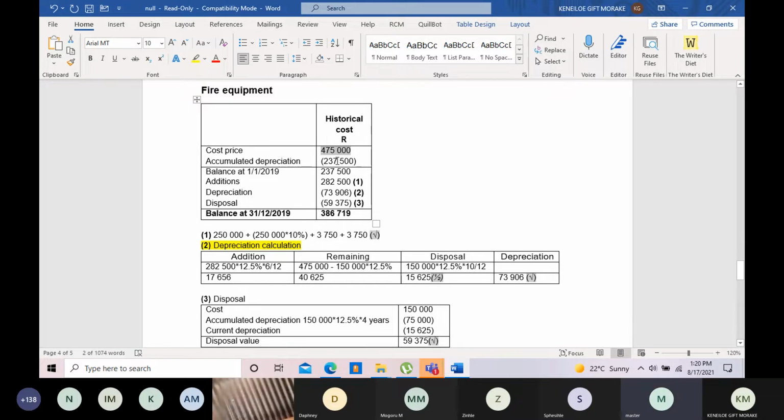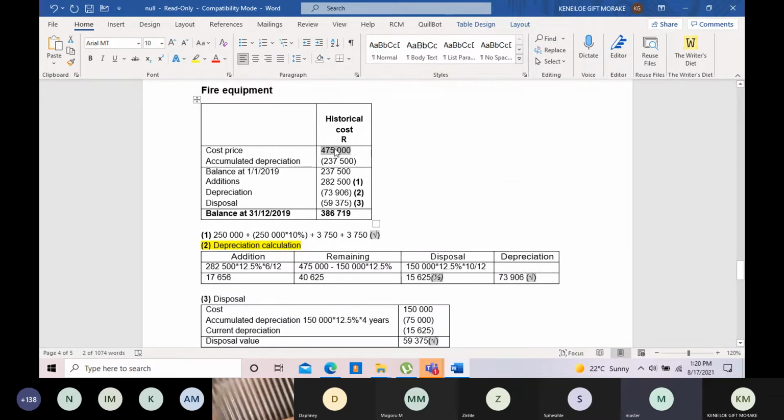And underneath that, we have the 237,500. So you can see that we have the cost price and the accumulated depreciation. If you are doing the calculations, you must record them separately. Under PPE, you combine them all. But to show the calculations, you must record them separately for you to get more marks.